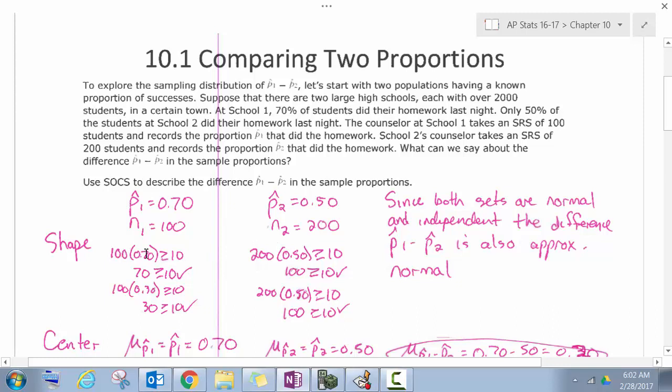It's 100 times 0.70 and 100 times 0.30, which are both greater than 10 for the first school. We have a p hat 2 of 0.5, and n2 is 200, and multiply those. Those are both normal. So since both sets are normal and independent, the different schools, the difference p hat 1 minus p hat 2 is also approximately normal. So we have the shape.